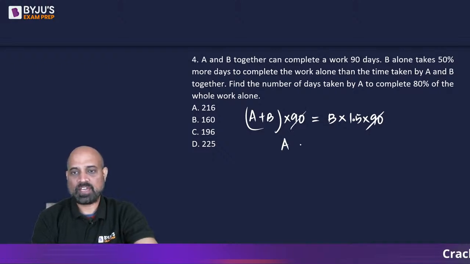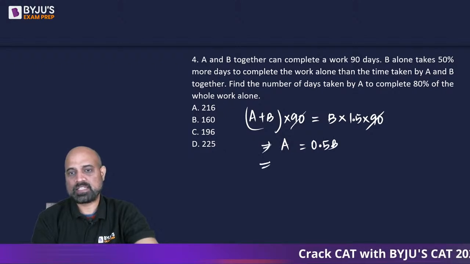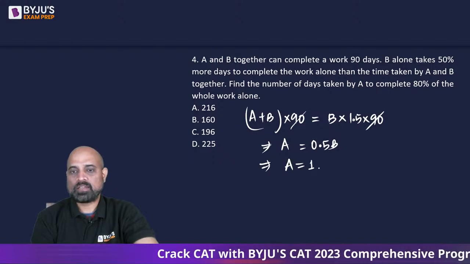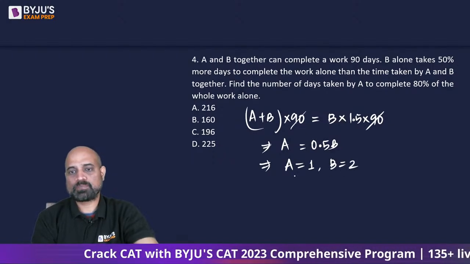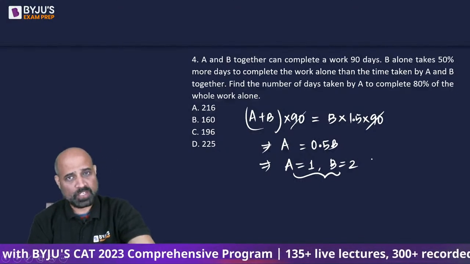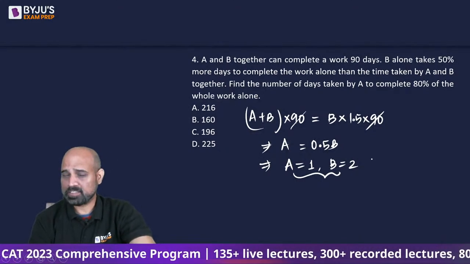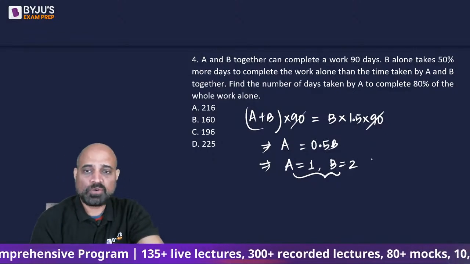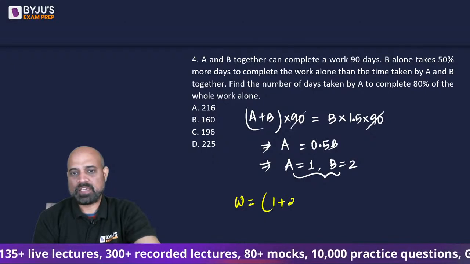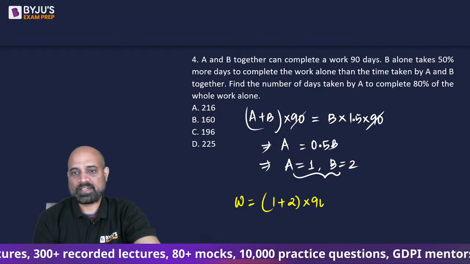So we will have A is equal to 0.5 B, or we can say that A is equal to 1 and B is equal to 2. This particular pair of values of A and B will make sense. You can choose any pair of values as long as it satisfies this. If this is known, then we can say that the work is A is 1, B is 2 into 90.